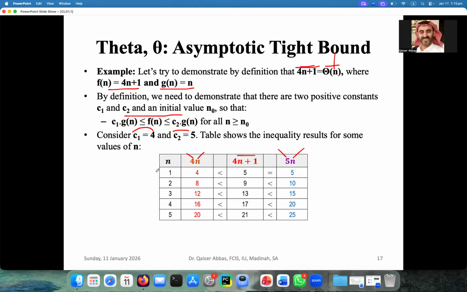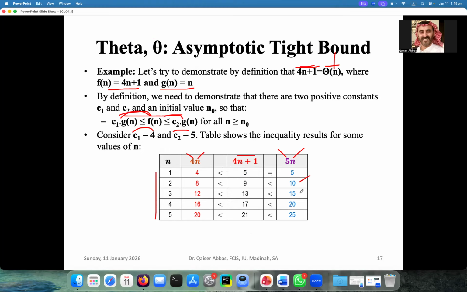Now, taking values 1, 2, 3, 4 and checking, you see that f of n is greater than or equal to this, but there is no less. Similarly, for 9, f of n is greater than this, which is okay, and f of n is less than this.